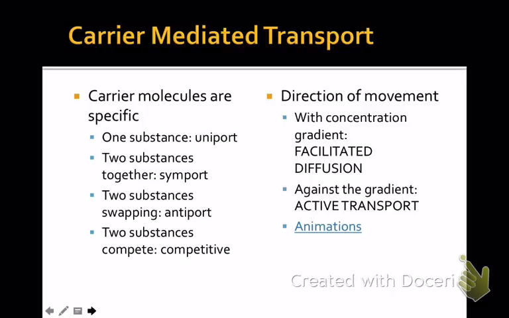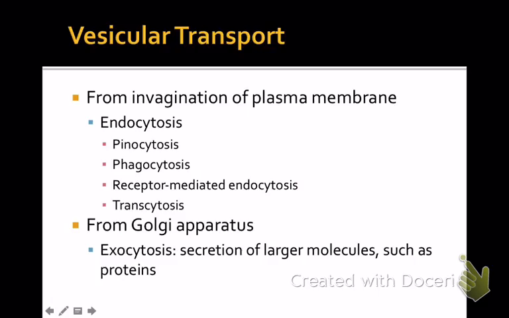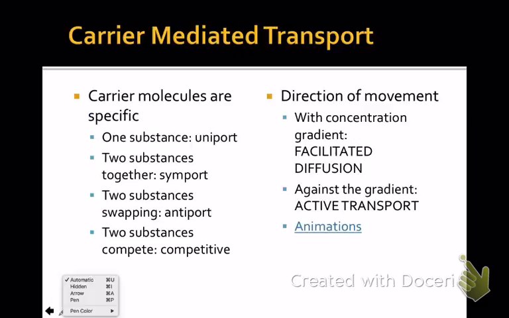There are some terms here. If one substance is being transported, that's called uniport. So, for example, your thyroid gland is the only place in the body I know of that sucks up iodine.